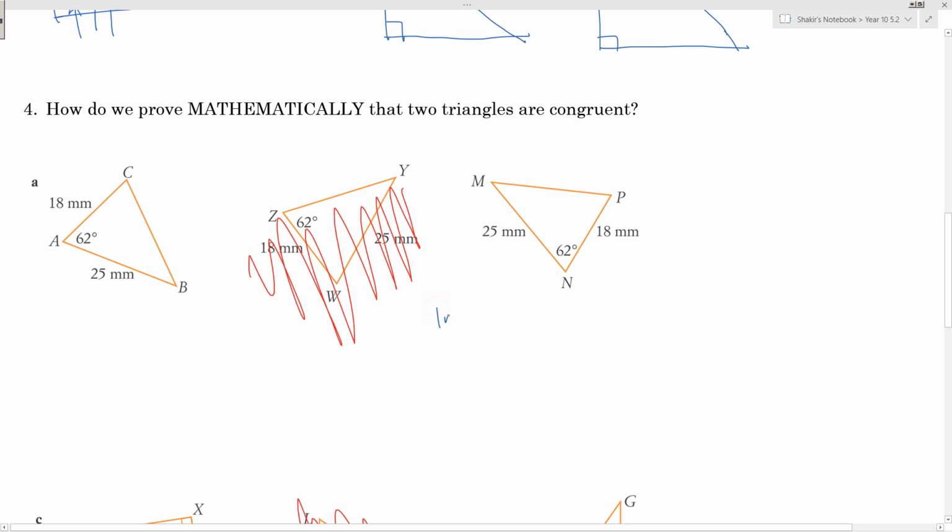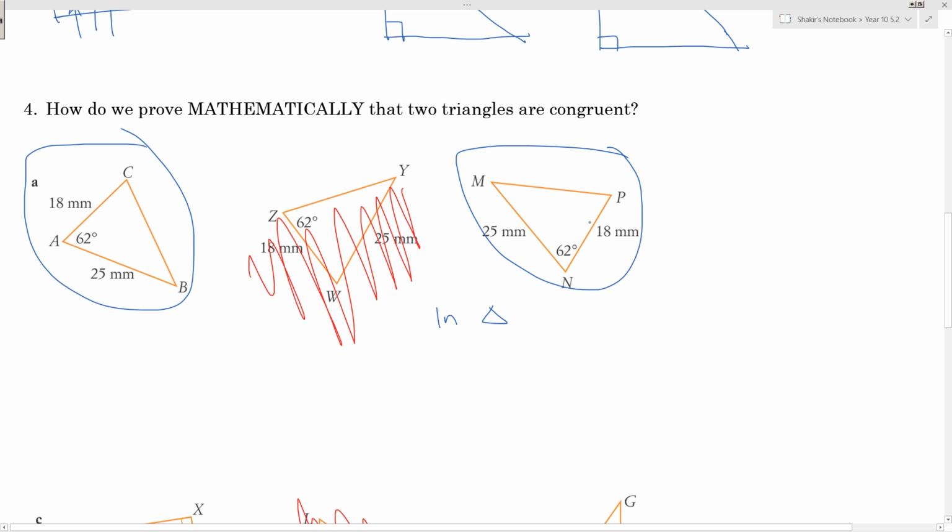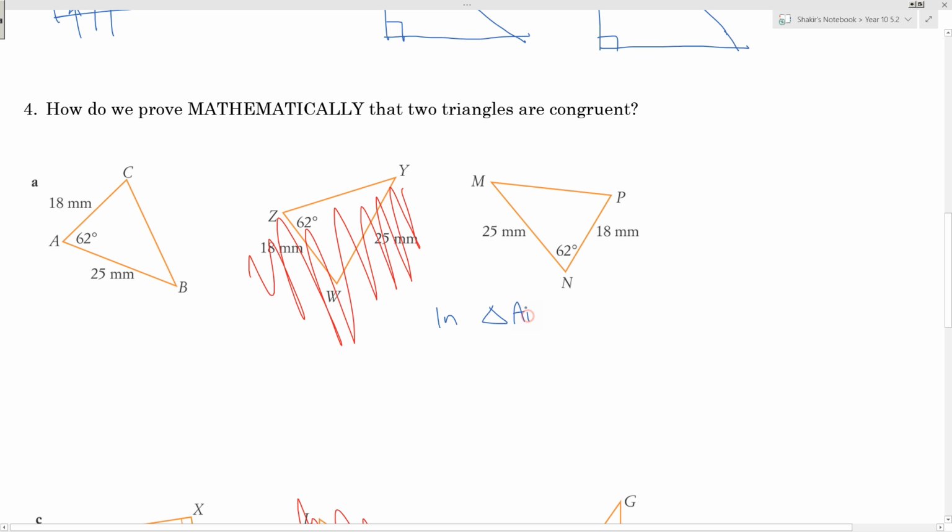So we write in triangle, and then, so we're trying to prove that these two triangles are congruent, okay? And we're going to do it, it's almost like a formula. I would say in triangle ABC, and triangle MNP. Okay, this is how we always start off.